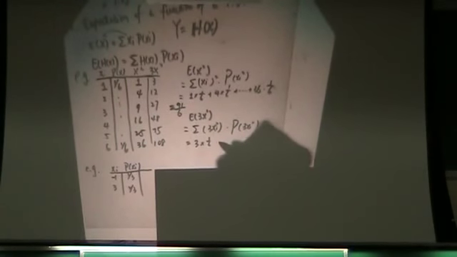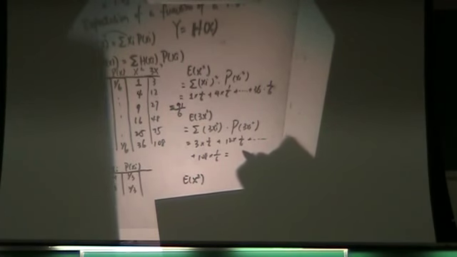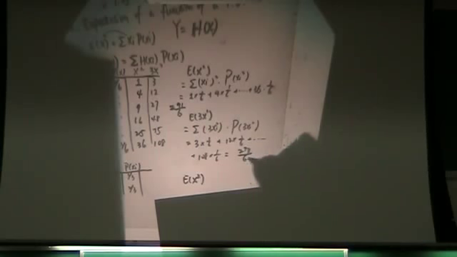We could use 3 times 1/6 plus 12 times 1/6, and so on, down to 108 times 1/6. Then you could get a value here. I think you get a number like this. This is a way to solve this problem.